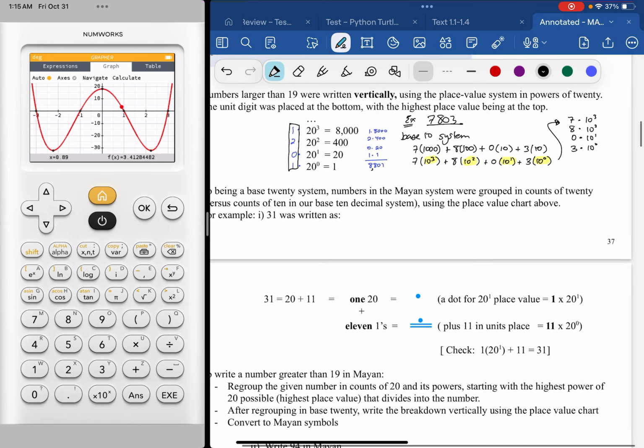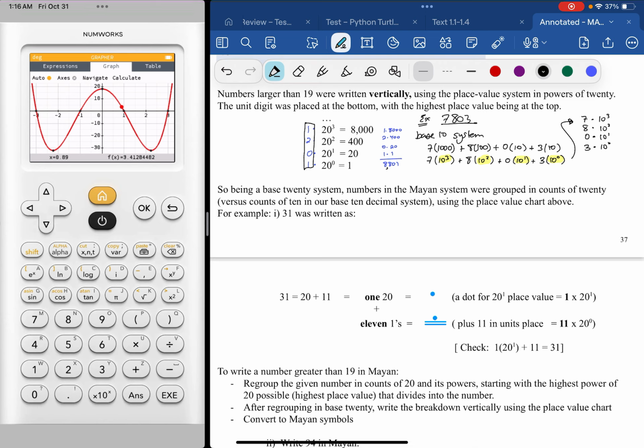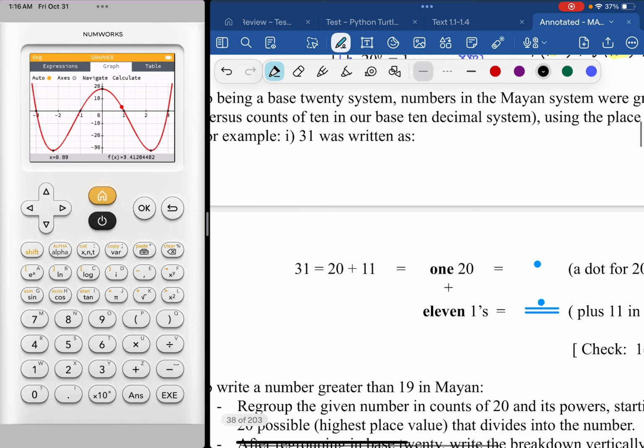So if I needed to do anything beyond 19, something like 31, I'd be looking at different ways of regrouping in such a way that I'm looking at multiples of 20 rather than multiples of 10, right? So 31 is 1 twenty, right? And 11 ones.